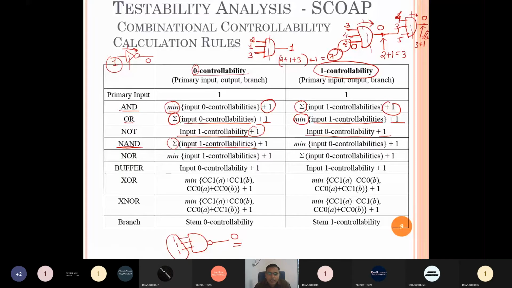For the NAND gate, when will we get the output equal to 1? Can anyone tell me when we will get the NAND gate output equal to 1? Now I pause myself and I want an answer from you.